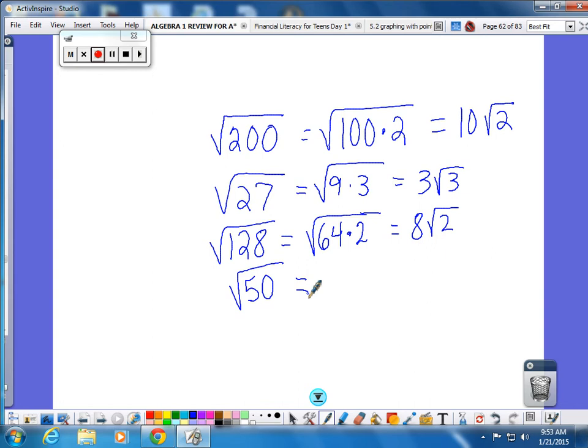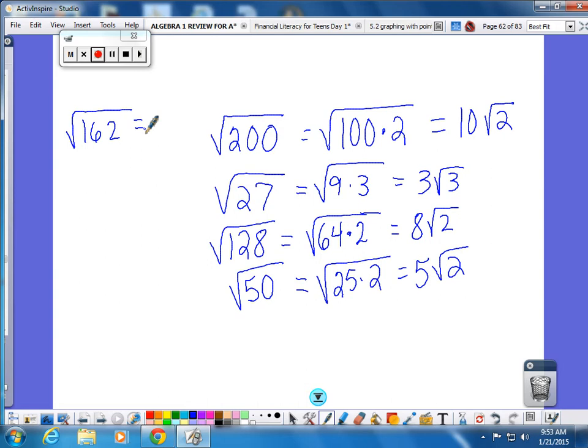What is it? No, that one is 25 times 2. It'll be 81 times 2 and then 9 root 2. That's good.